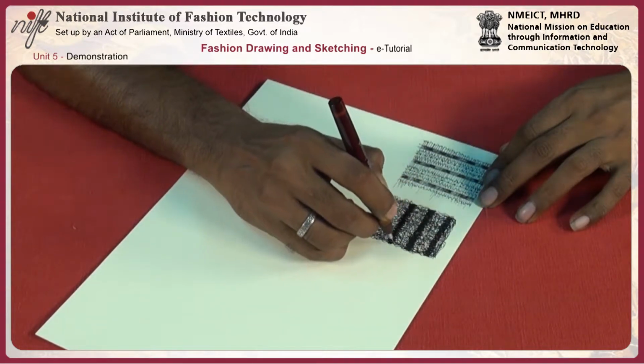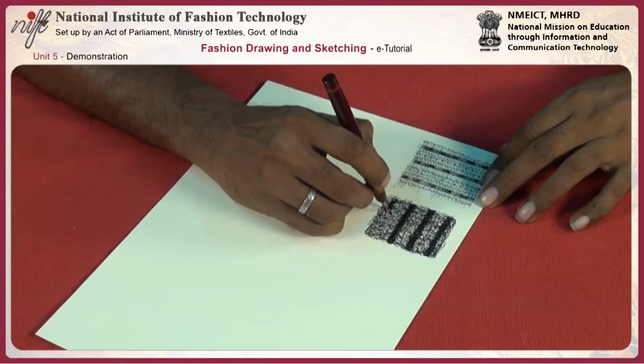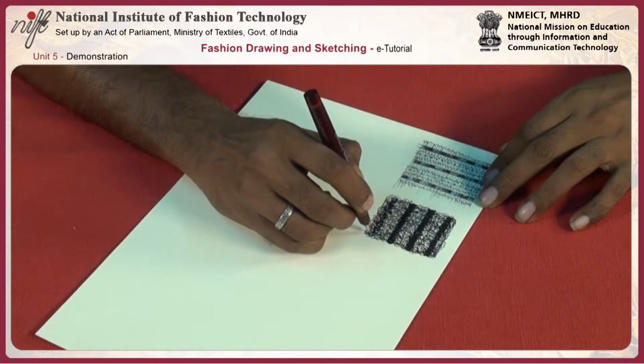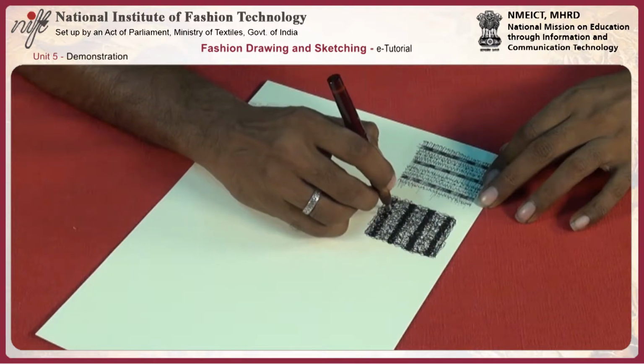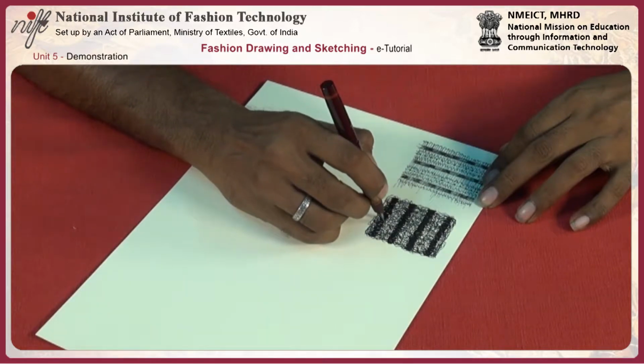One should closely watch the edges of the stripes here and how natural they look. You can visualize what kind of a difference a ruler will make here.